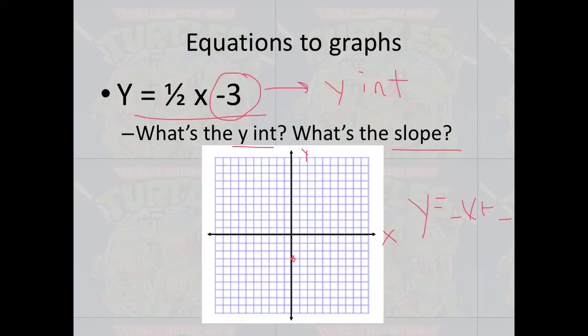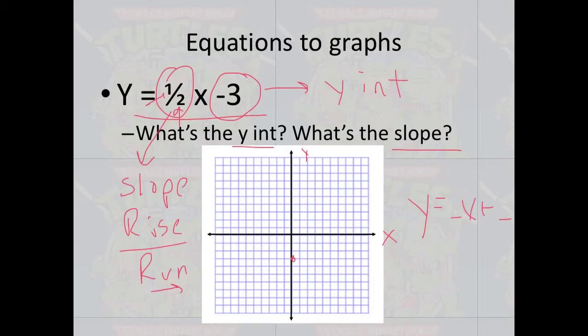That's where we start. After that, we look to the number that we're multiplying by the x, which again is the slope, and that is expressed as a measure of rise over run. Meaning, because the 1 is in the numerator, we're going to go up 1, and the 2 is in the denominator, we're going to go to the side 2.